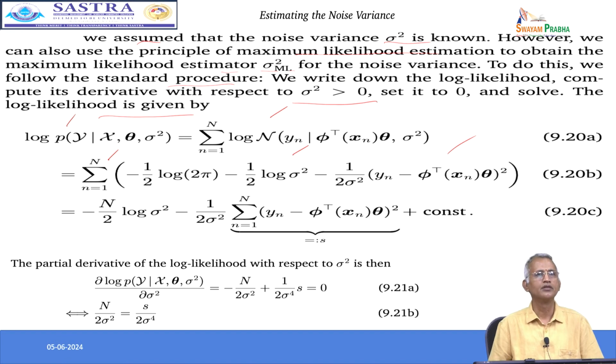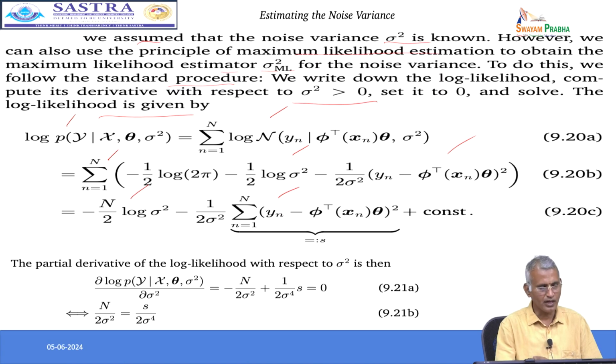Further simplifying, it becomes minus N by 2 into log sigma square minus 1 by 2 sigma square into summation of yn minus phi transpose of xn theta the whole square, plus a constant.